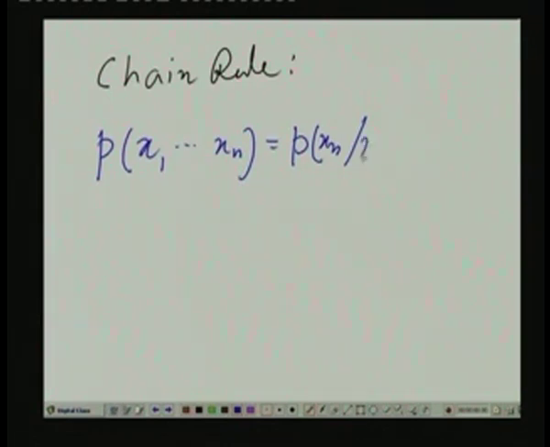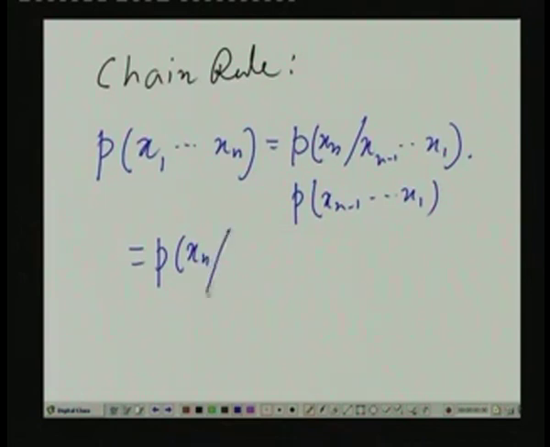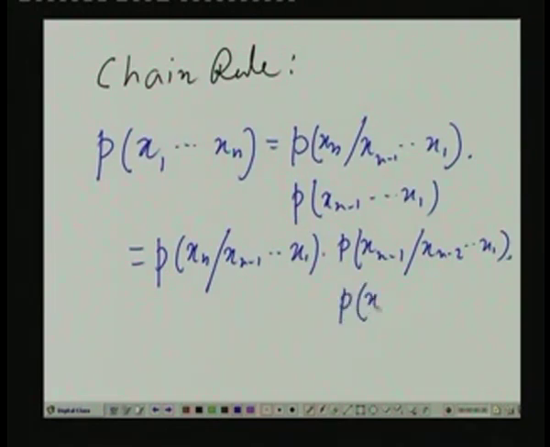So, P of xn subject to or condition to the other ones multiplied by the corresponding joint density of these remaining ones. Then this again you express like this, this remains as before. The second term you express like this, conditional density of xn minus 1 subject to the rest, that is xn minus 2 downward to x1, times the joint density of xn minus 2 down to x1.